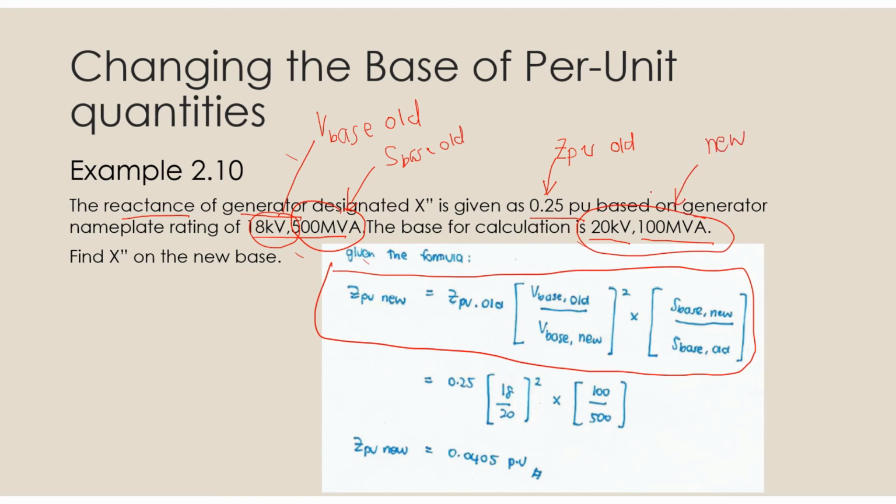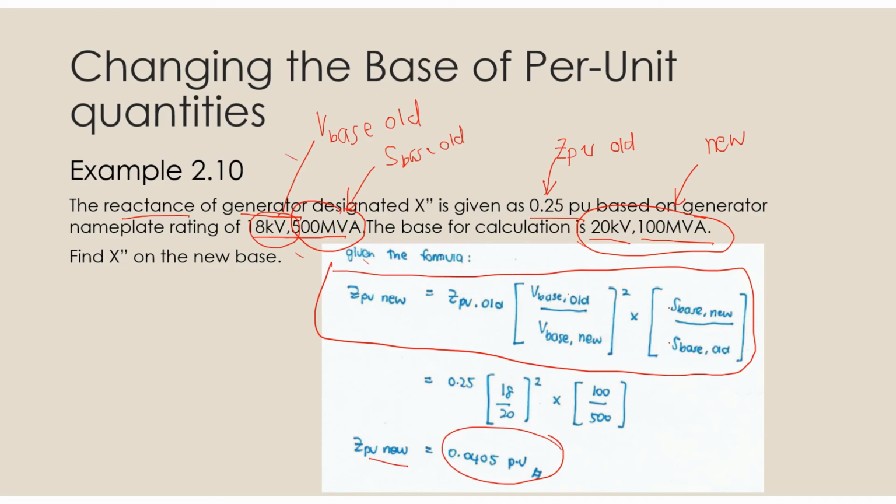Everything is very straightforward. You know each of these from the question, so you just put everything inside the formula and you get the new value of the ZPU.